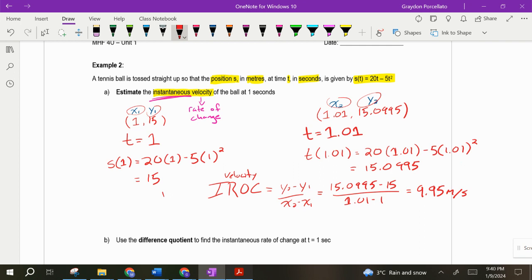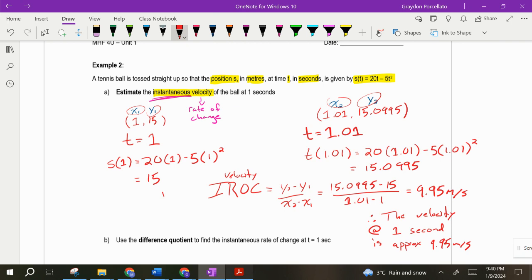So the instantaneous rate of change is approximately 9.95 meters per second. So the velocity at 1 second is approximately 9.95 meters per second.